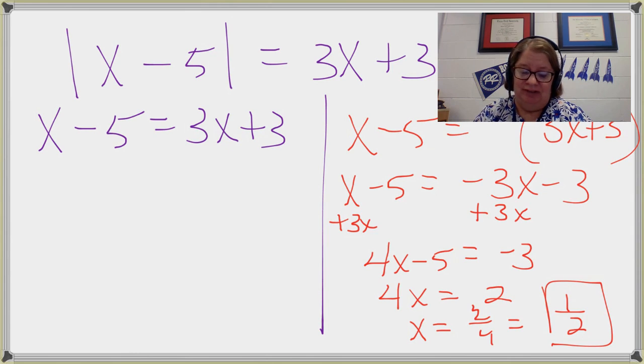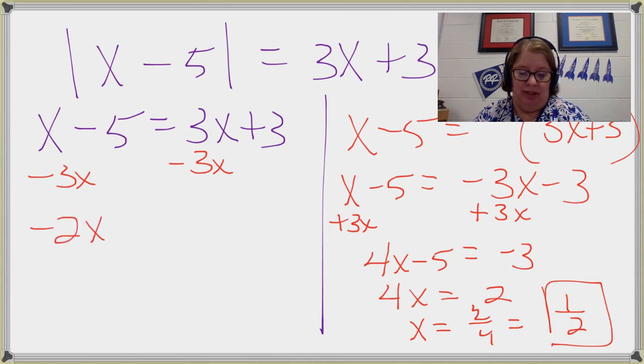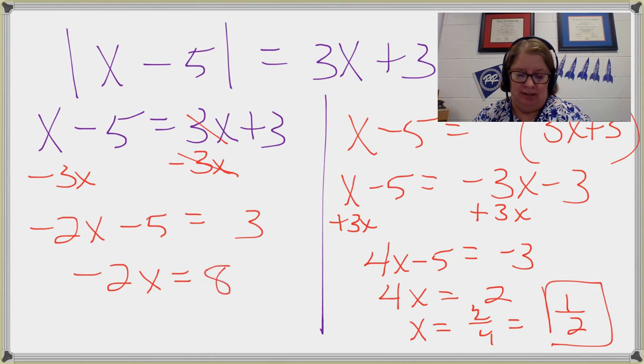If I solve this side to get all the x's on one side, I'm going to subtract 3x and subtract 3x. And this is negative 2x minus 5 equals 3 because those cancel out. Then add the 5, so you have negative 2x equals 8.